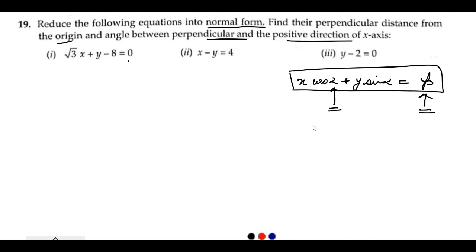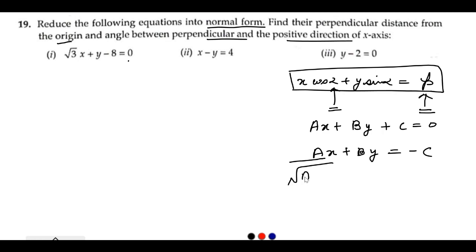To convert a given equation in the normal form, suppose given equation is ax plus by plus c is equal to 0. Write this equation in this form and then divide this equation by under root a square plus b square. This should be plus minus.